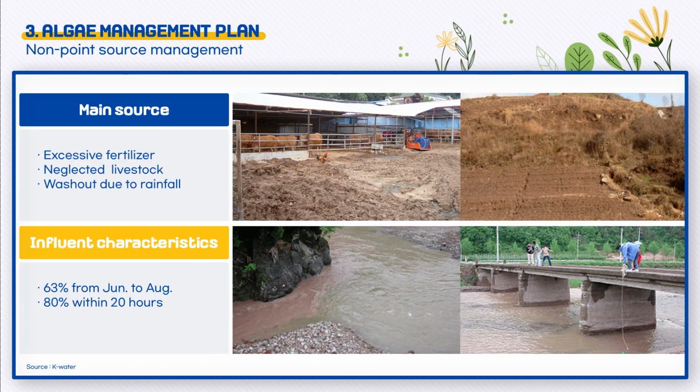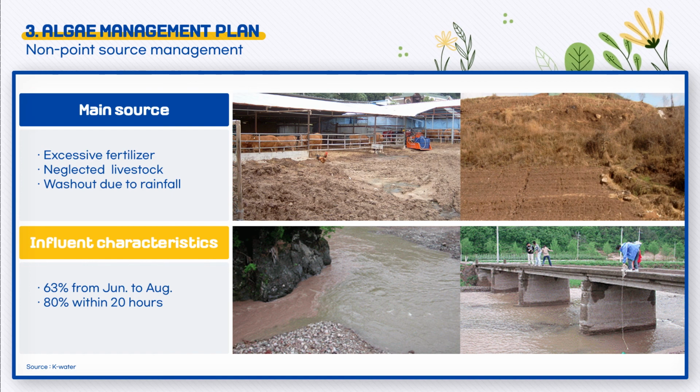The inflow of non-point source pollution during rainfall events greatly contributes to the deterioration of the water quality of dam reservoirs. Therefore, the management of non-point source pollution is an important part of water quality management, especially during the winter, and various efforts are being made to minimize the inflow of non-point sources to dam reservoirs during rainfall events.